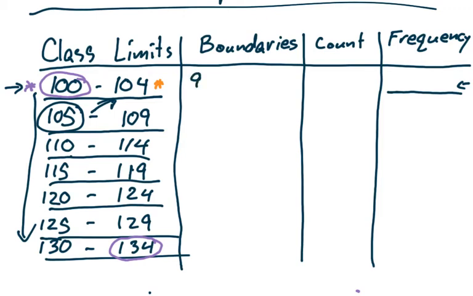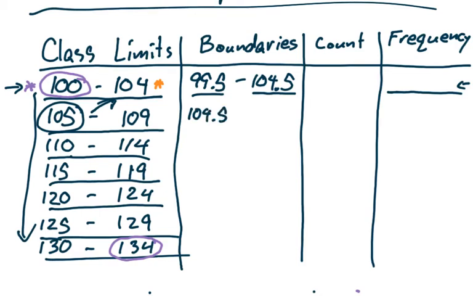So here, this is technically from 99.5 all the way up to, but not including, 104.5. That's the lower boundary for the lower limit, and that is the upper boundary for the upper limit. And the nice thing about this is these values are going to be exactly the same.